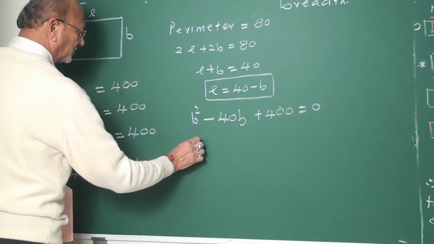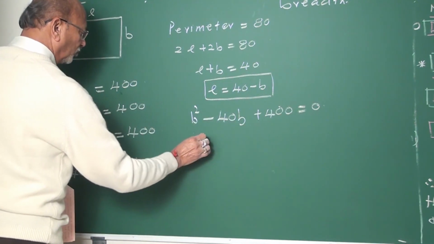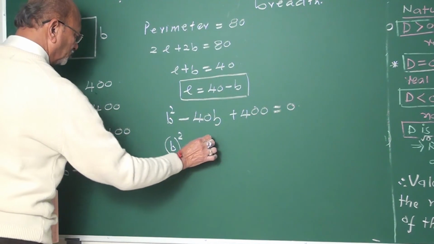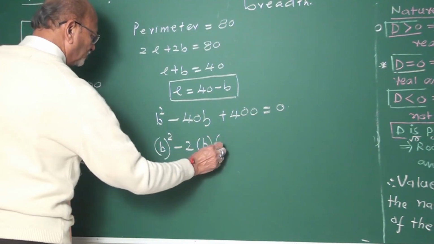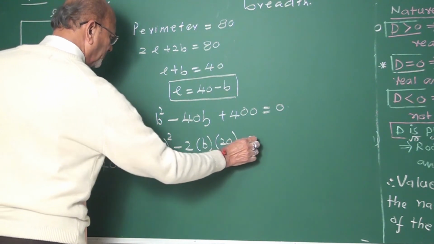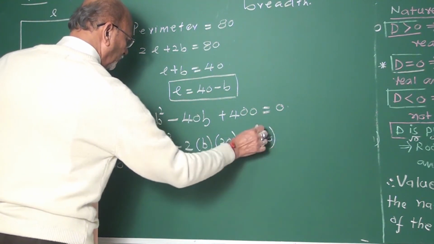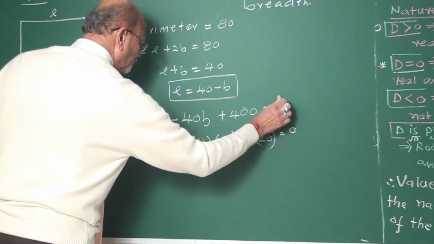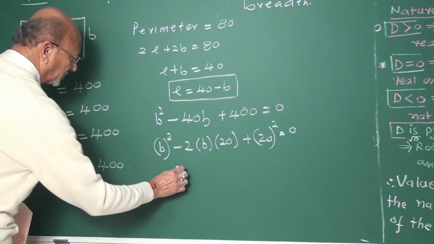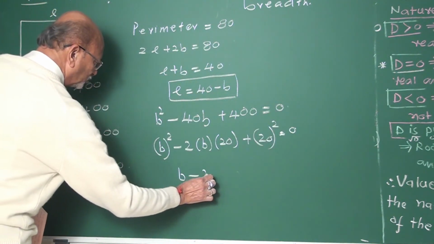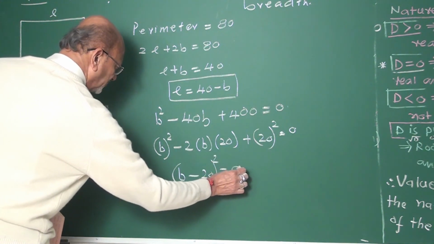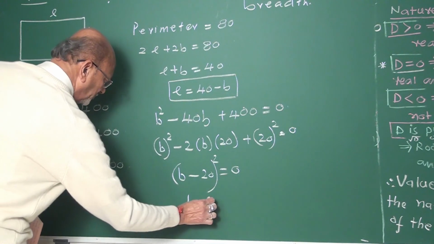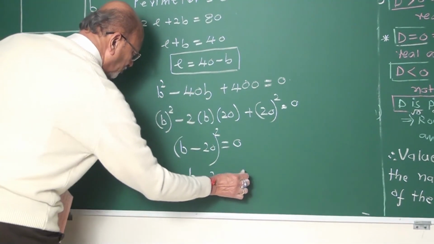It is nothing but B square minus 2 into B into 40 divided by 2, which is 20, plus 20 the whole square, equal to 0. This is nothing but B minus 20 the whole square is 0. This gives B minus 20 equal to 0.